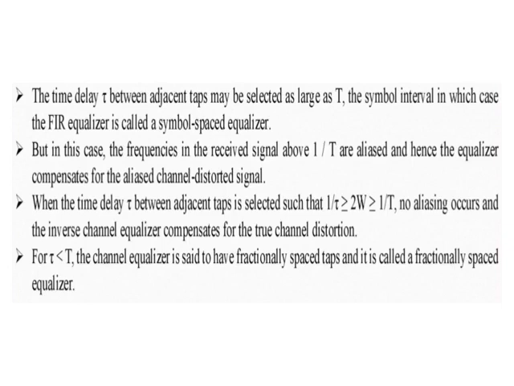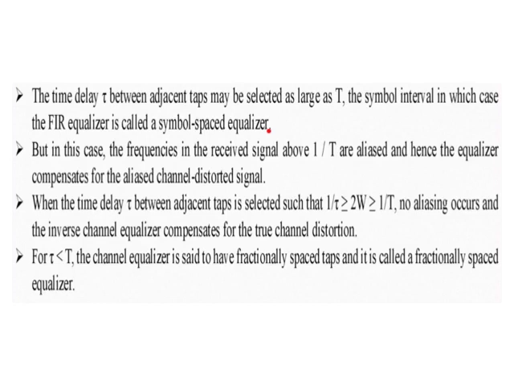In this diagram, which we are depicting for the design of the linear equalizers, the time delay tau between the adjacent taps may be selected as large as capital T, which is the symbol interval, in which case the FIR equalizer is called a symbol spaced equalizer.